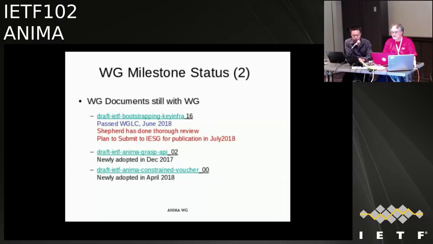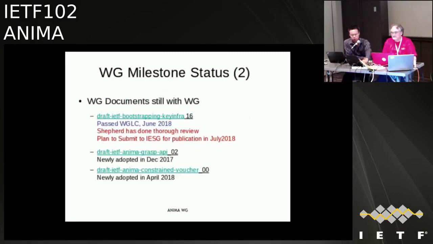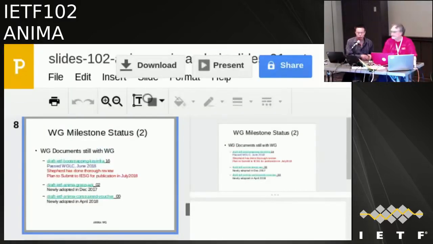Do you want to give me some words for rechartering, or at the end of the session? Yeah, we can take it at the end. Okay, that's the status summary.